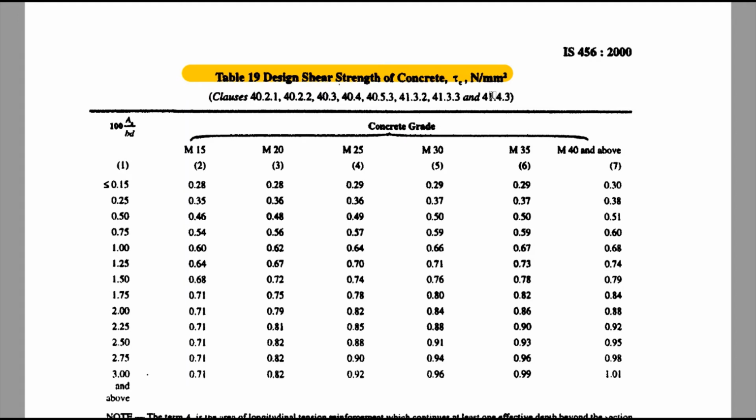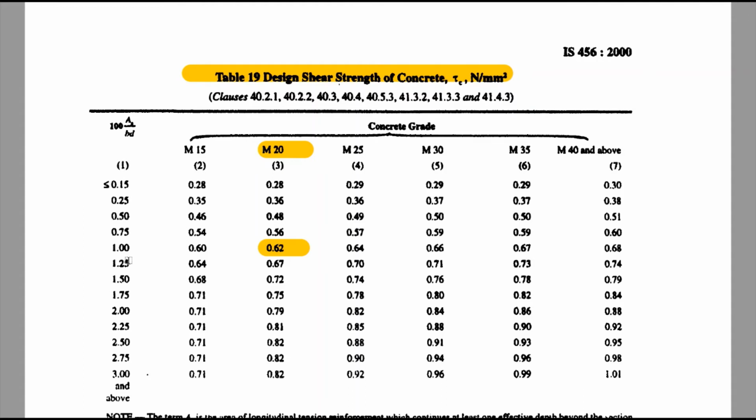So in the reverse psychology, what have we done? We found the tau C. We assume tau V is equal to tau C, so we assume 0.63, but here it is 0.62. But the calculation is imaginary. Now M20 grade concrete 0.62; if M25 grade concrete 0.64, M30 grade concrete 0.66, the value will change. But here it is M20 grade, 0.62.